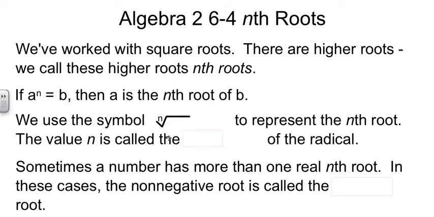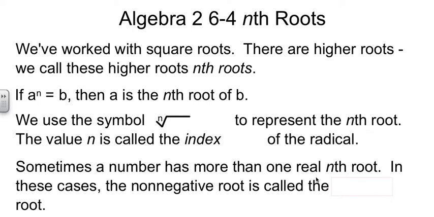This number n that's in here, whatever number it is, is called the index of the radical. And it's important to know if there's not a number there, it's assumed to be a 2 because you're doing a square root and the square power is 2. Now, sometimes when you're working with these things, it's possible to get more than one answer.